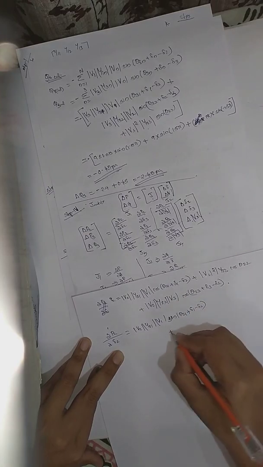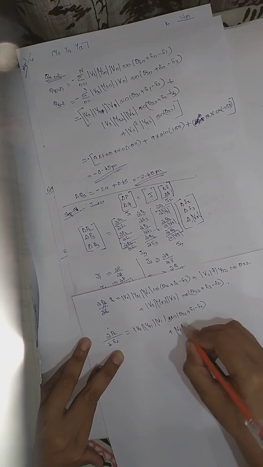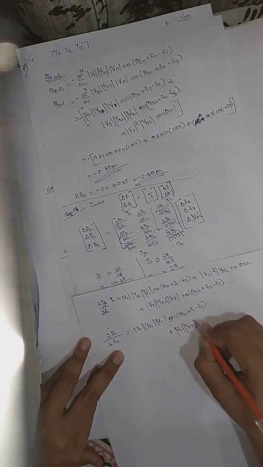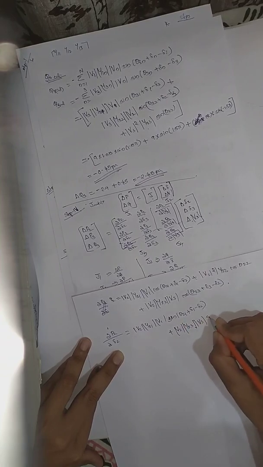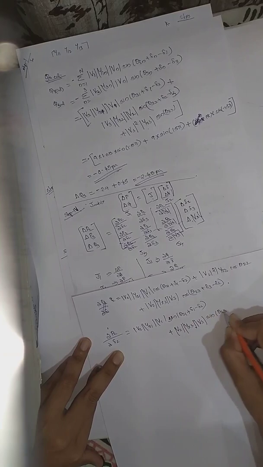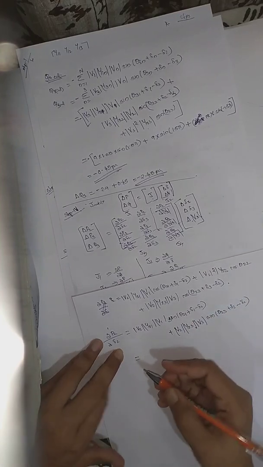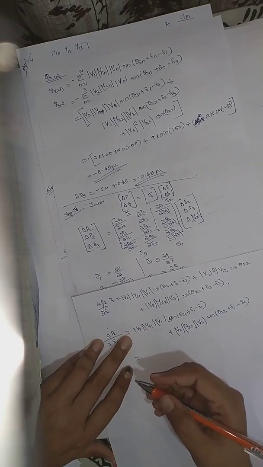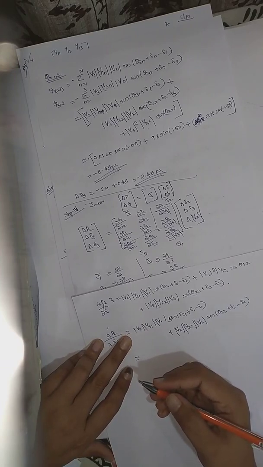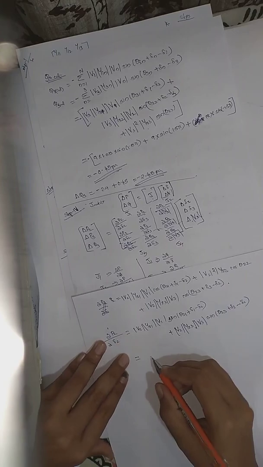Plus the same V2 Y23 V3 sin of theta 23 plus delta 3 minus delta 2. So this is my value. What is my V2 value?